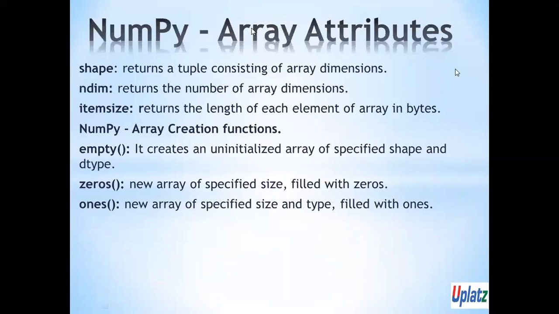The locations are initialized to some random value so that you can change them later. We will see how to use the empty function to create an array. This array will hold some uninitialized values. Then zeros, you can also create an array using zeros.